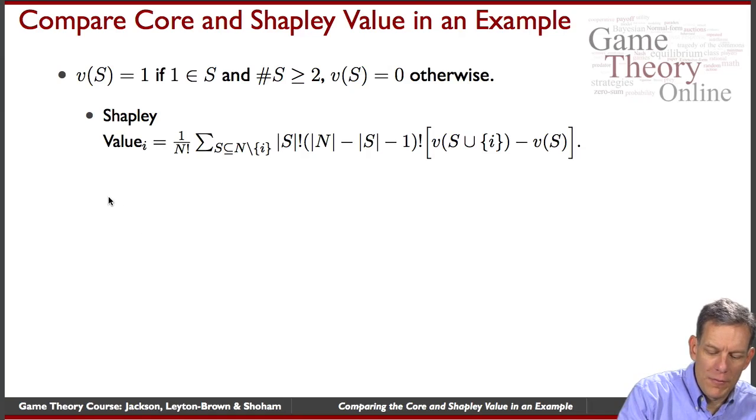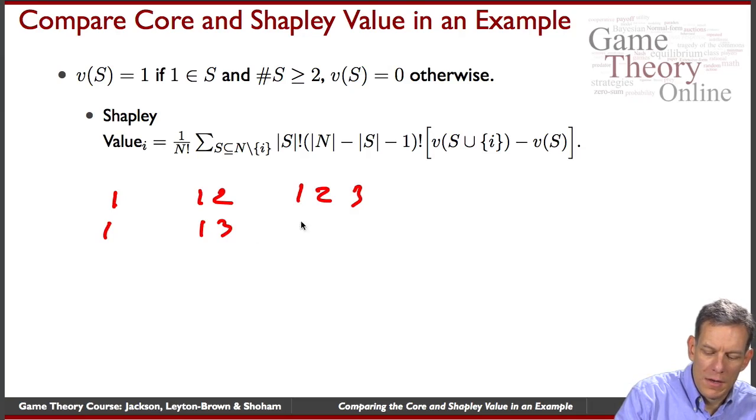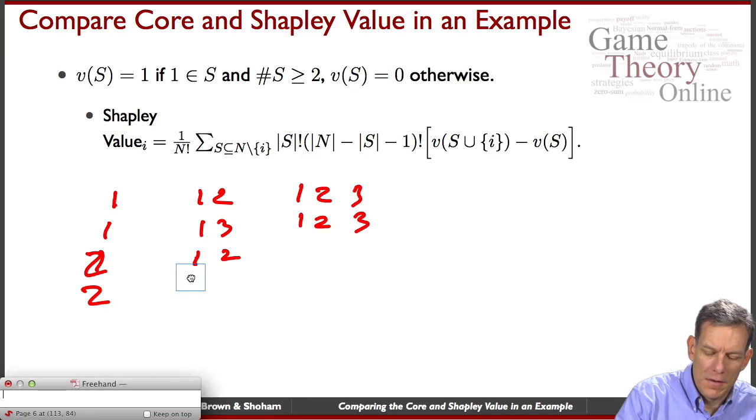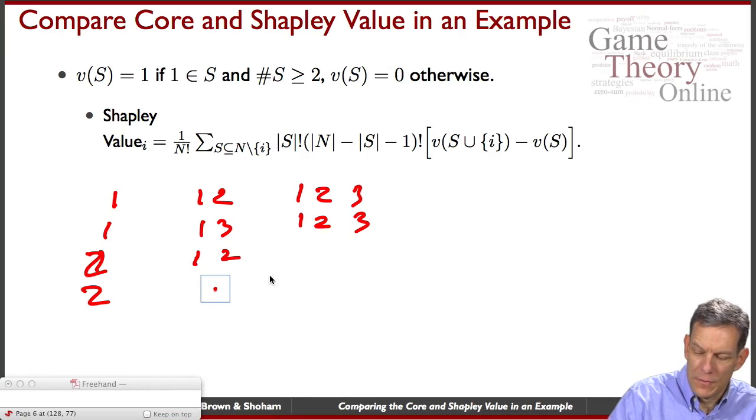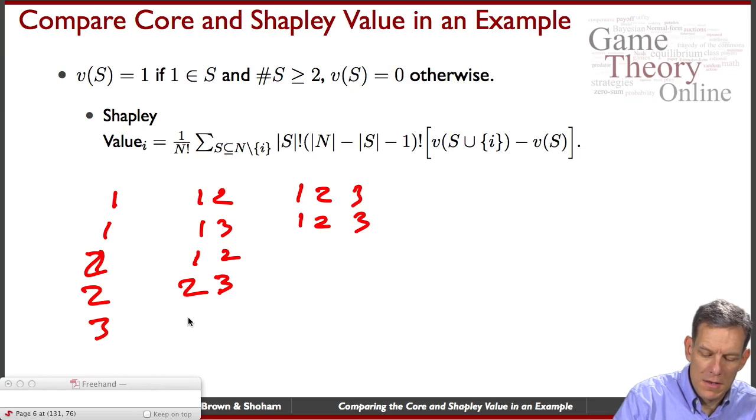We could build it up by first putting in 1, then 1, 2, then 1, 2, 3, or 2 first, then 1, or 3 first, then 1, or 3, then 2, etc.